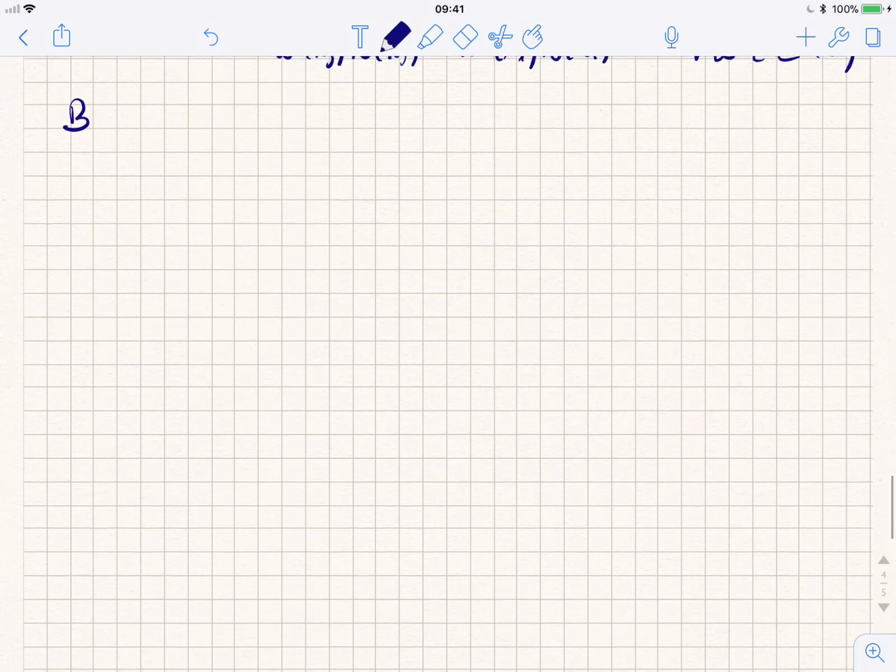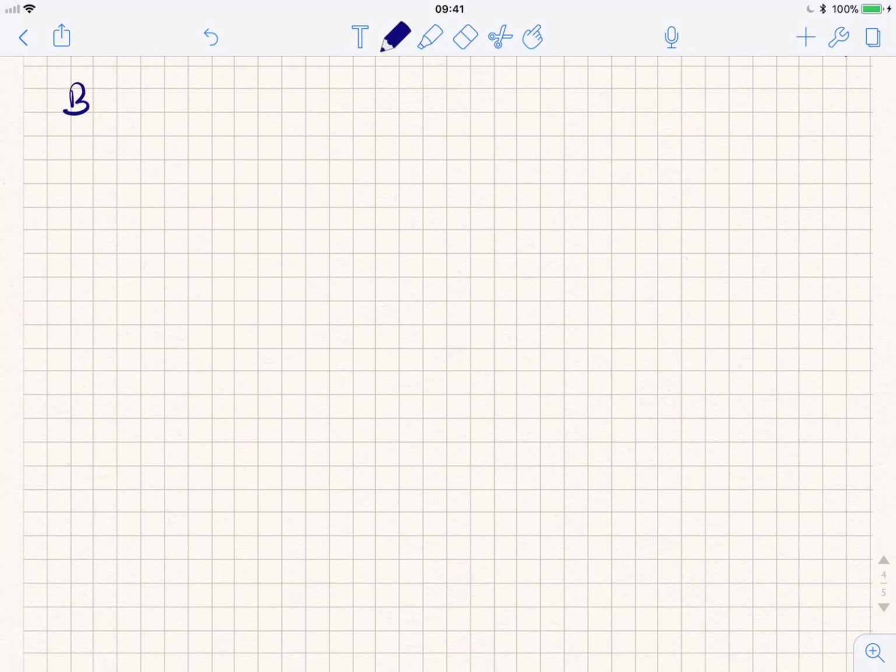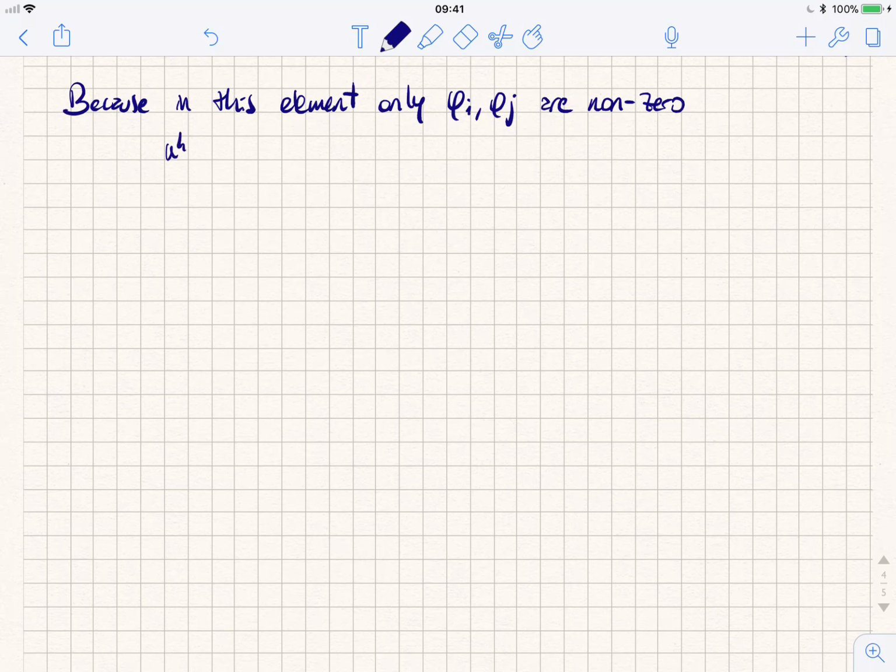So because in this element only phi I and phi j are non-zero, in that particular element we can actually express the displacement like this.